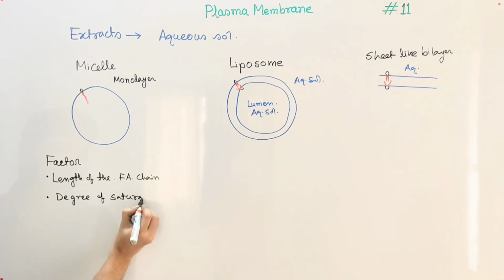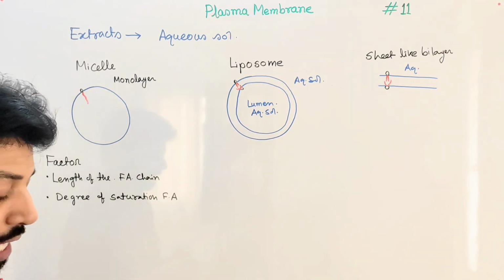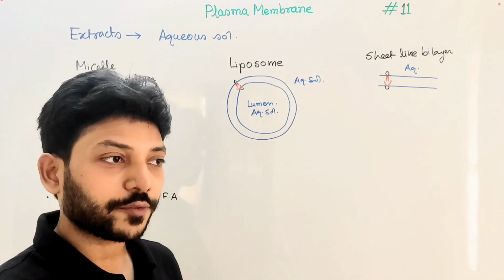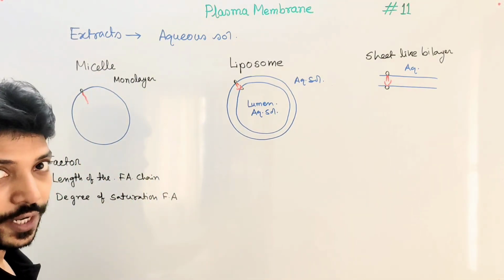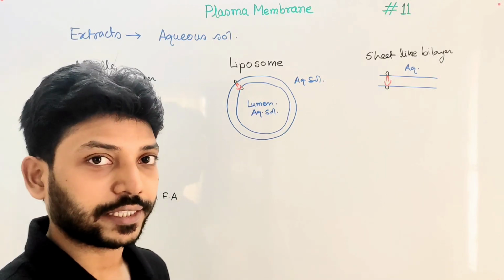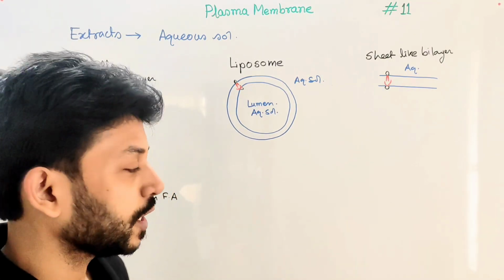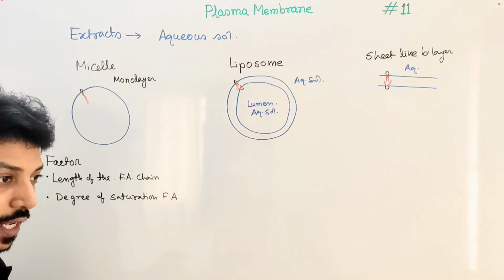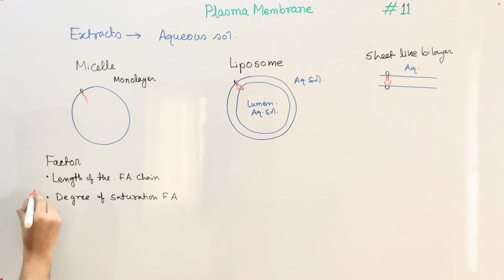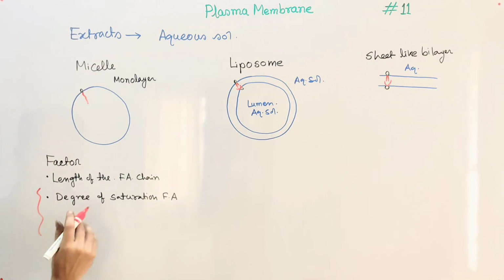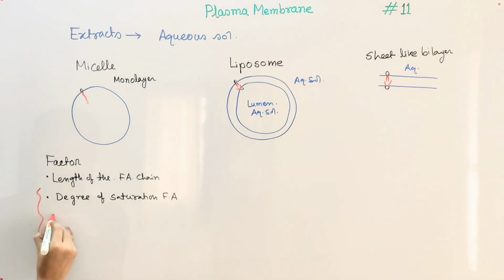What is saturation? I have mentioned in my previous video that a fatty acid can have a carbon-carbon double bond. If the fatty acid contains a carbon-carbon double bond, then we call it unsaturated fatty acid. And if the fatty acid does not contain a carbon-carbon double bond, only carbon-carbon single bonds, then we call it saturated fatty acid. Saturated fatty acids are straight in structure, but if there is any carbon-carbon double bond, the fatty acid looks like this.